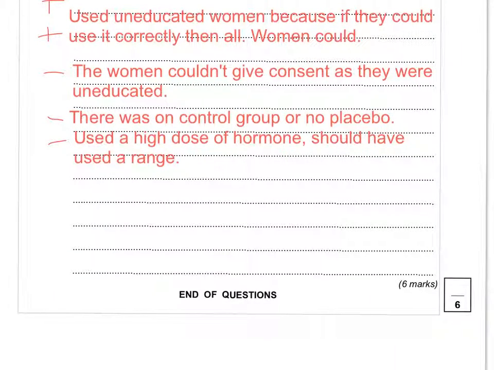And then finally, this one was the one that most people managed to get. It was the most obvious point, that the pill was experimental and the women weren't warned of side effects.